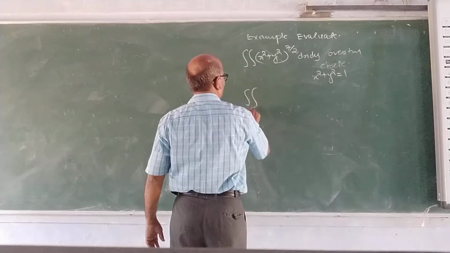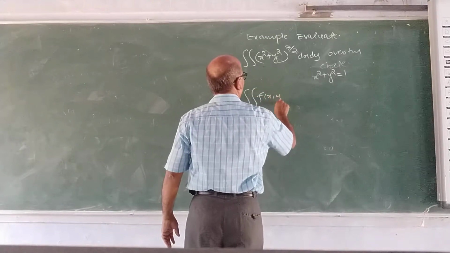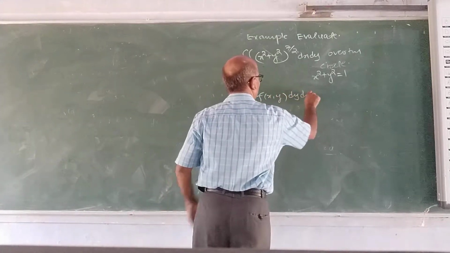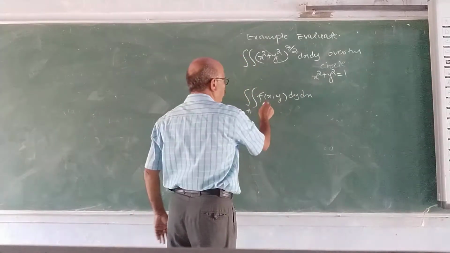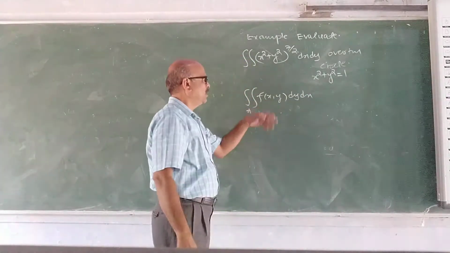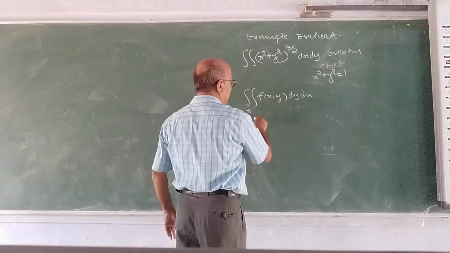Suppose we have the double integral over the region A of f(x, y) dy dx, and you have to evaluate this. We change variables to the uv plane; the xy plane is changed to the uv plane.